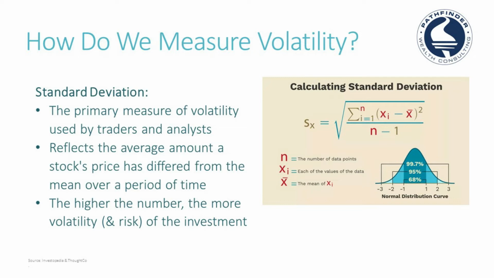When we're trying to find good investment opportunities, we'll go back and run maybe a 3-year or 5-year standard deviation, and that's going to tell us how much this investment fluctuated either on the upside or the downside over that time period.